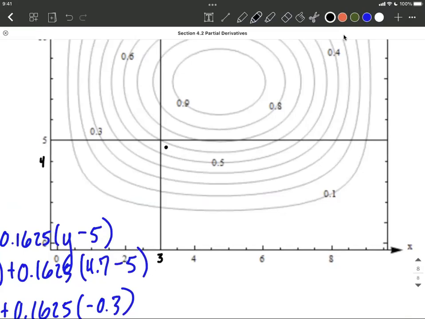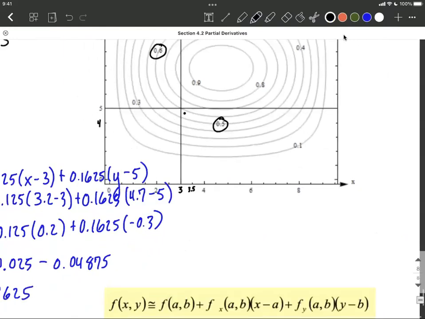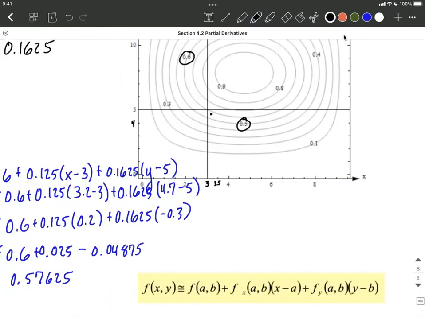And then 3.5 is that next mark along the x-axis. So as you can see on this, we are in between 0.5 and 0.6, and we said our best estimation was 0.57625, which makes sense. It's going to be in between those two contour markings. All right, I hope this helps out. Good luck.